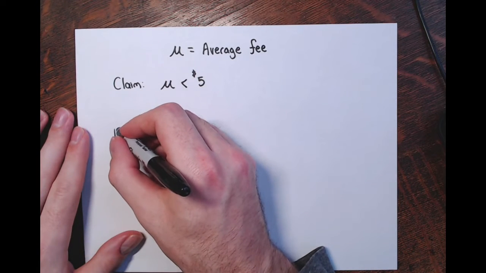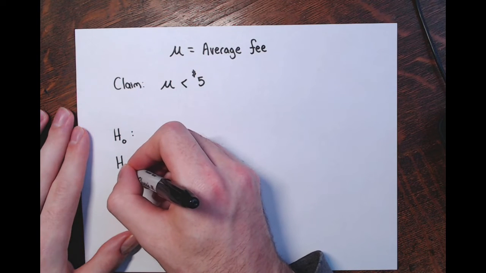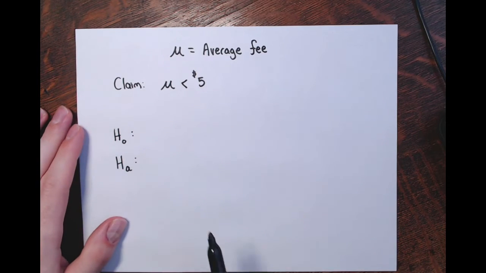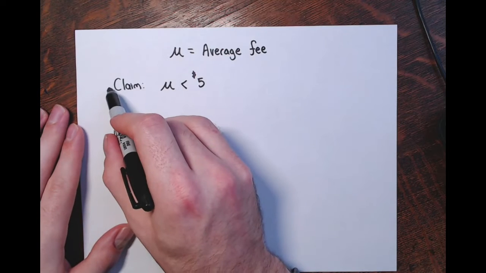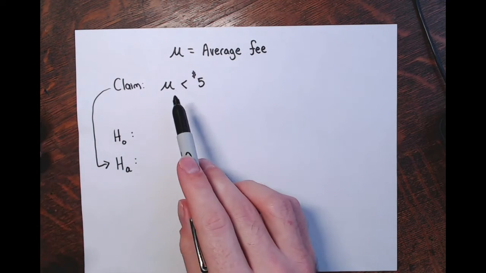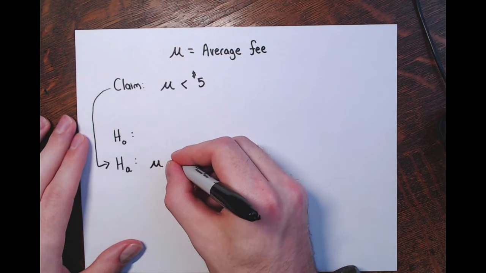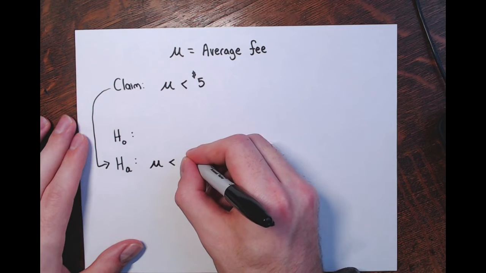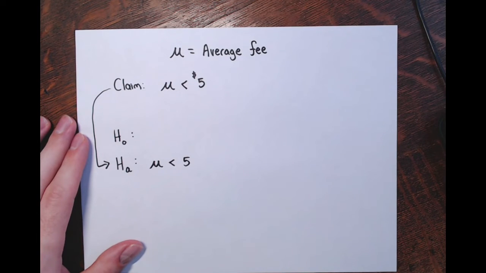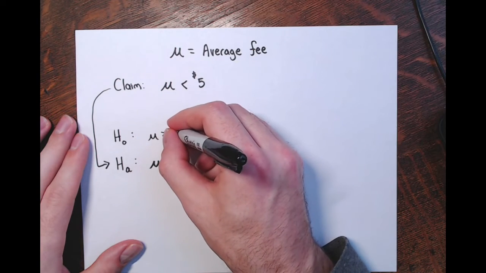So when I set up the null and alternative hypotheses, the claim will be represented by the alternative hypothesis, because the claim does not involve equality. So the alternative hypothesis is that mu is less than 5, and the null is the opposite, mu is greater than or equal to 5.